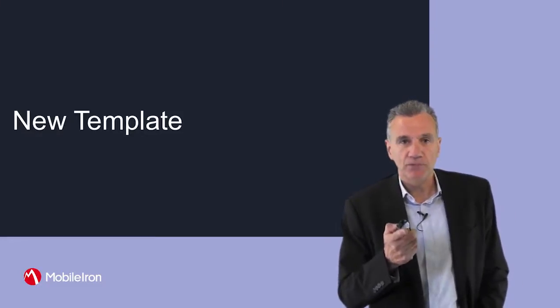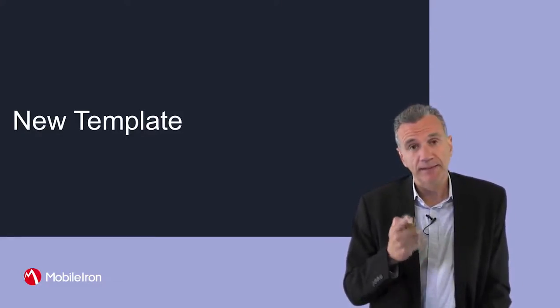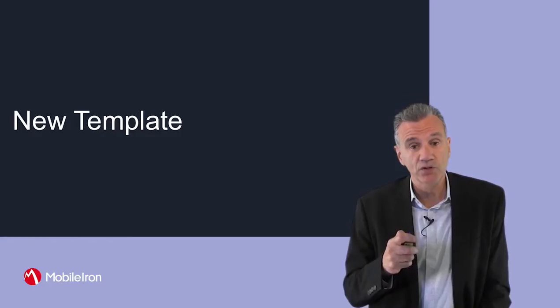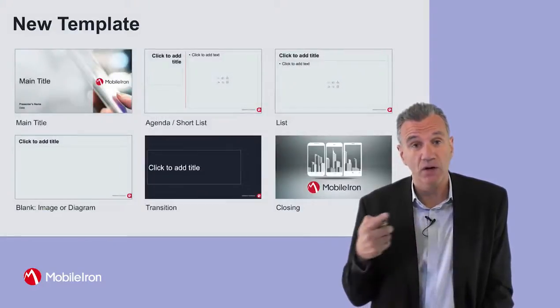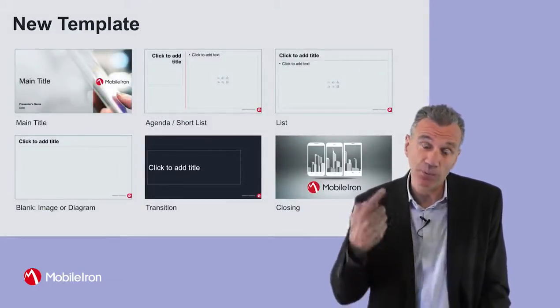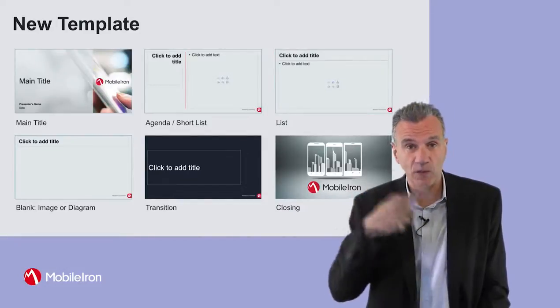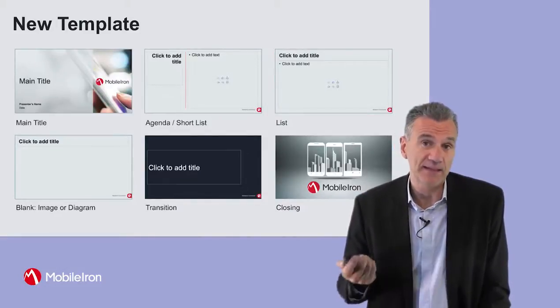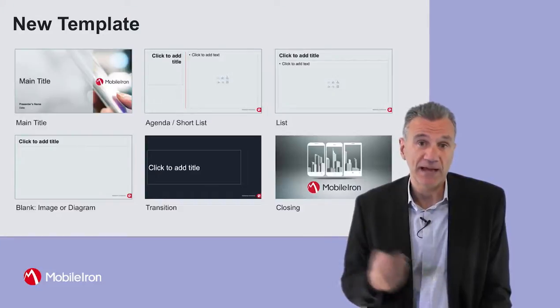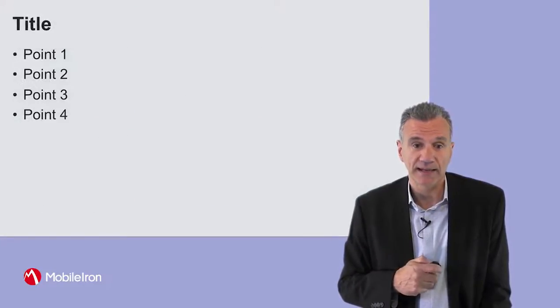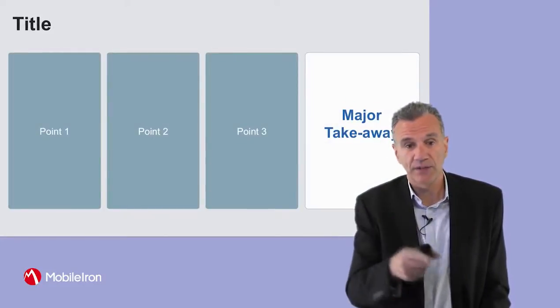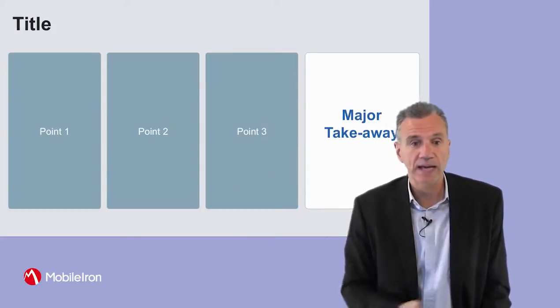So we just rolled out a new template that I strongly recommend you use, because it has a lot of these things built in. When you build a new slide, you can select one of the slides in the template and basically have a head start in building your slide deck. For example, here you have the 3 points and the takeaway slide.